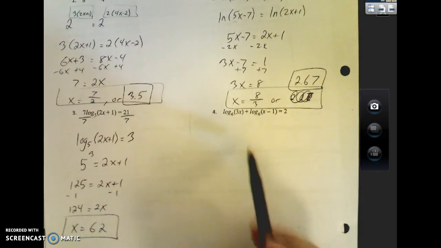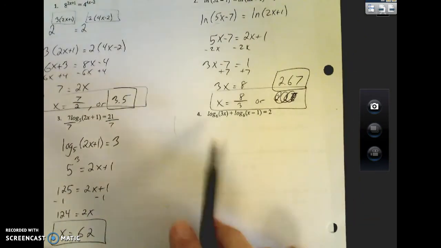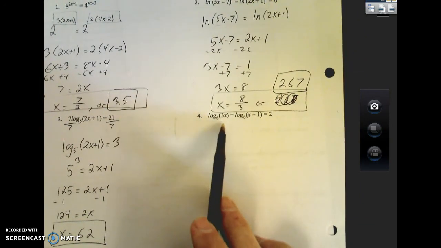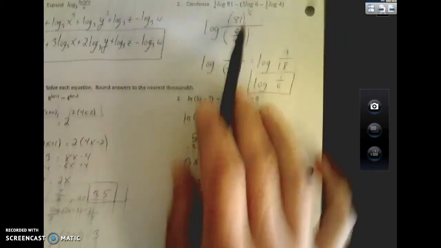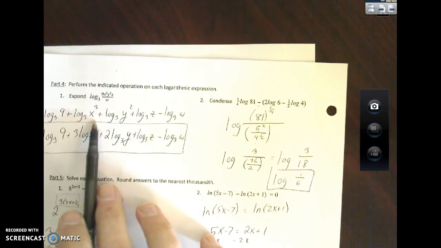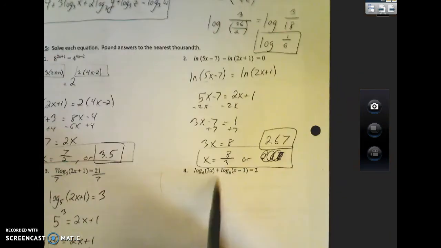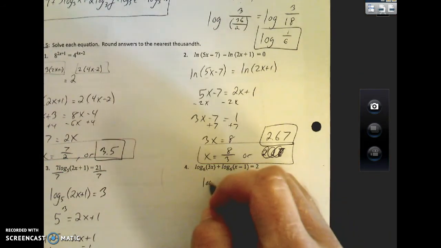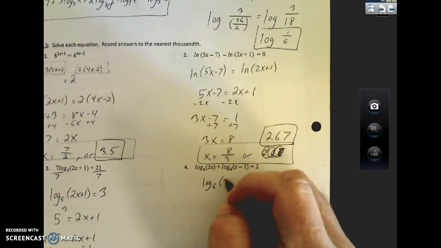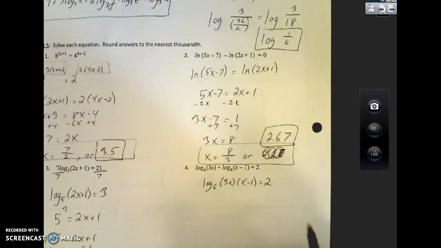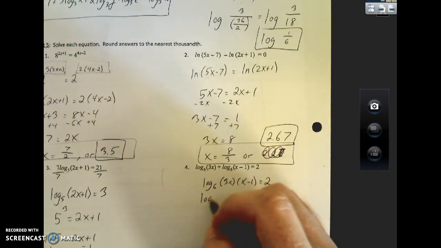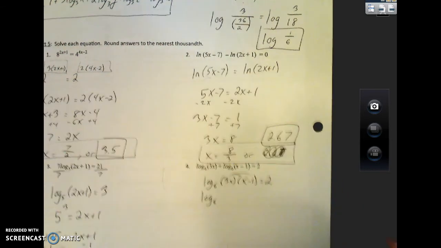Alright, last one on this page then. What we're taking a look at is log base 6 of 3x plus log base 6 of x minus 1 equals 2. When you're condensing logs, see how up here I was expanding and condensing? Plus sign means multiplication. So I want to condense these down to one log. So it goes log base 6 of 3x times x minus 1 equals 2. Okay? I can multiply the 3x into both of these.